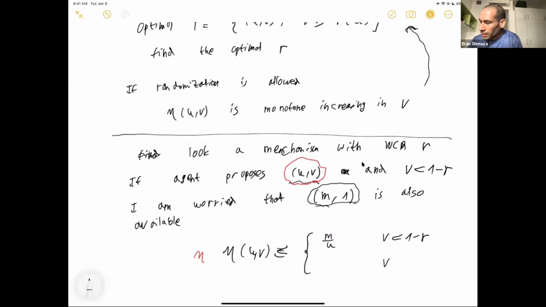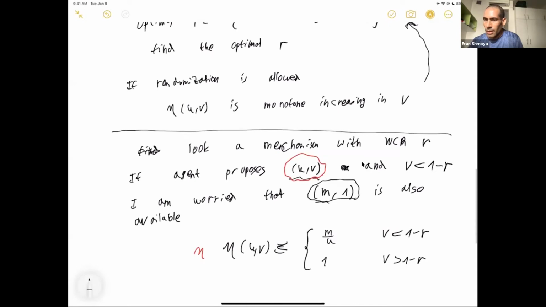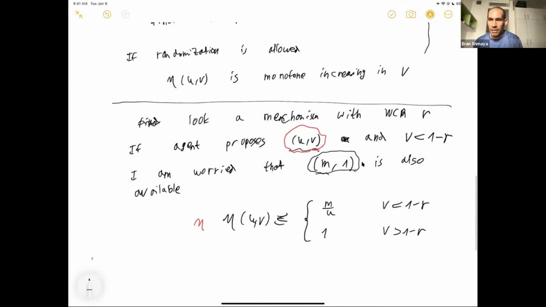And if V is greater than 1 minus R, I can, in principle, accept with probability 1. This is the maximum that eta UV can be.